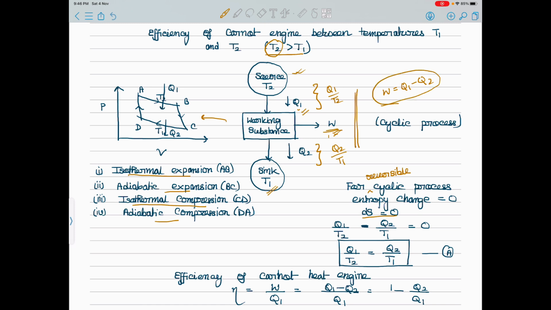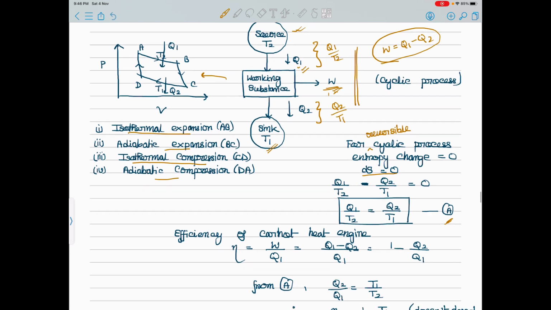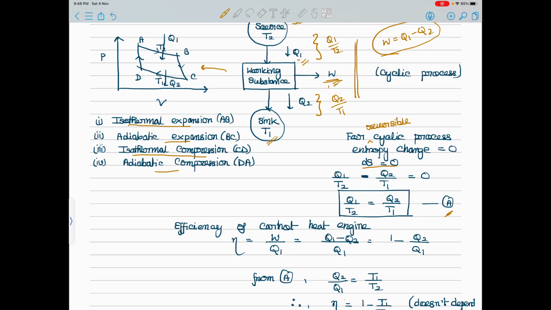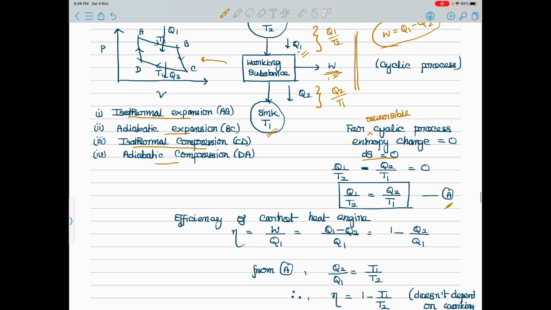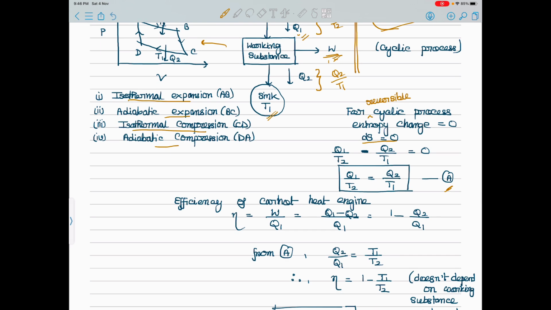Therefore eta is Q1 minus Q2 by Q1, which is 1 minus Q2 by Q1. Since Q2 by Q1 is T1 by T2, eta is equal to 1 minus T1 by T2.